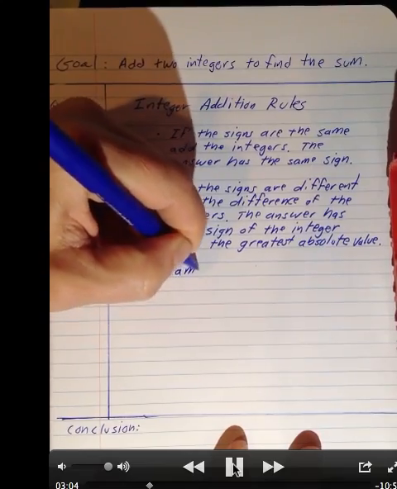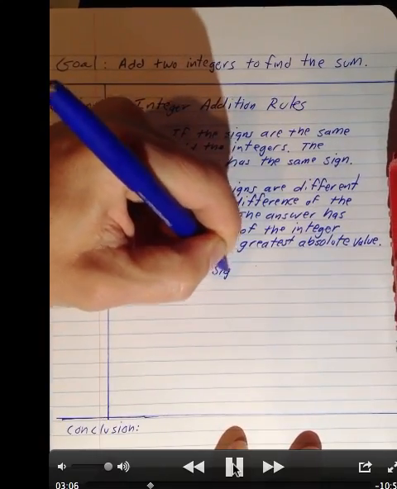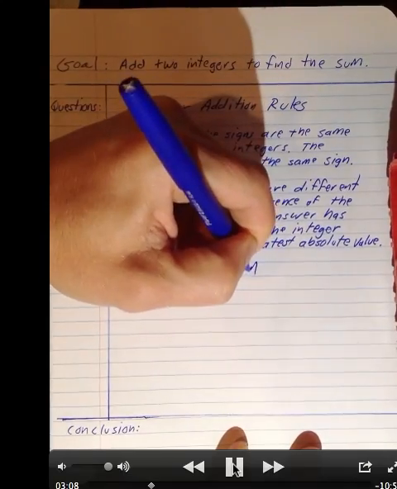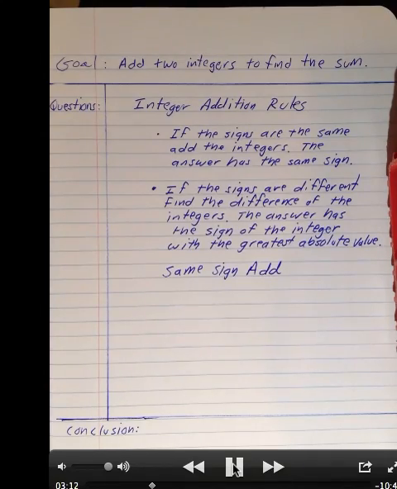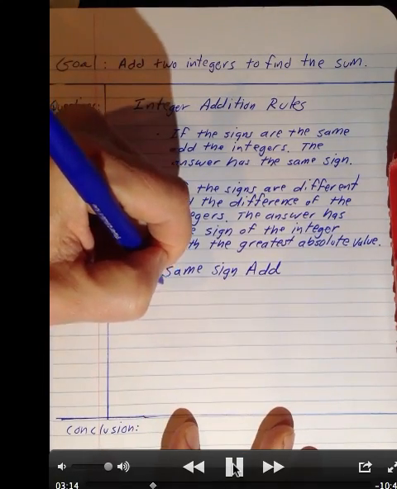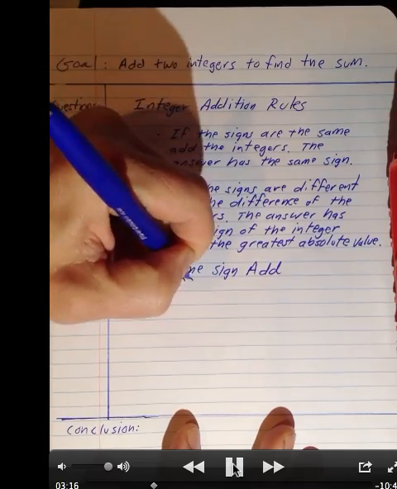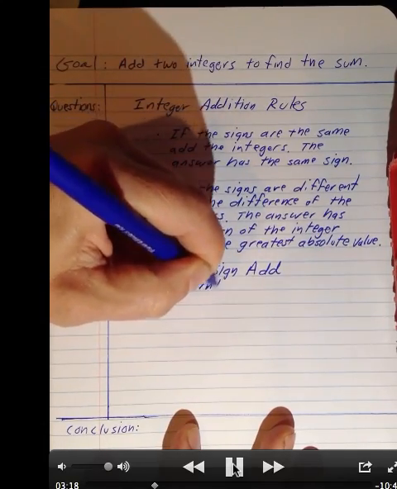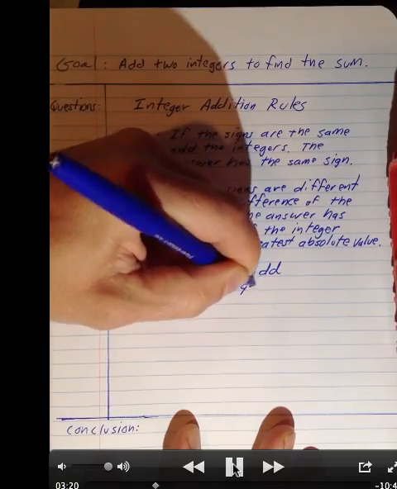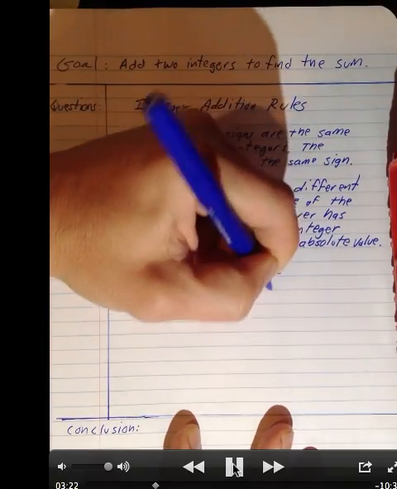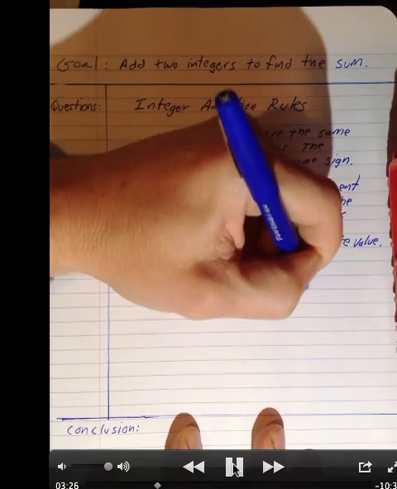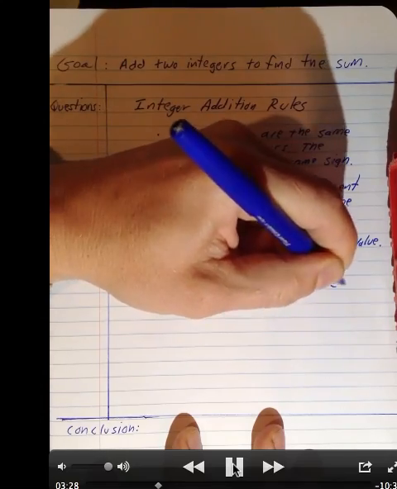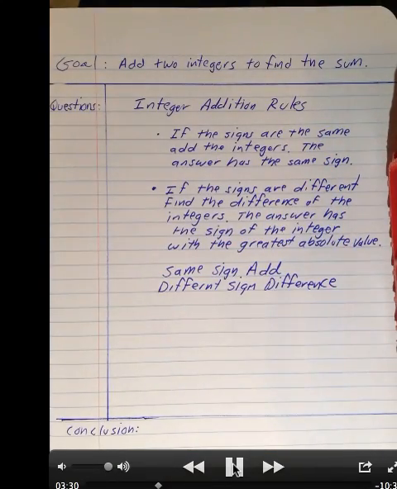But to sum them up, we can just say same sign, add, different signs, find the difference, or subtract. So same signs, add, different sign, difference.